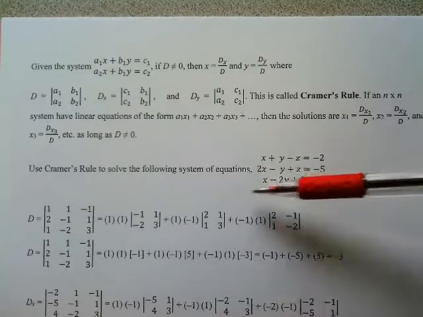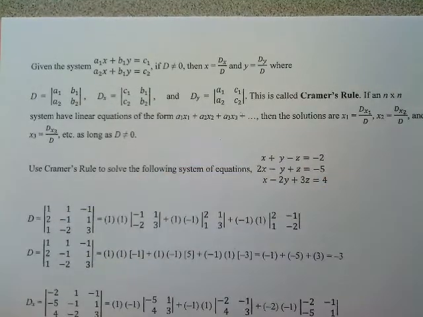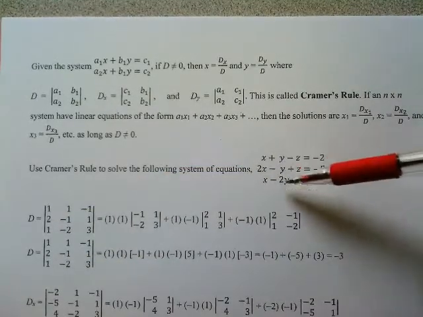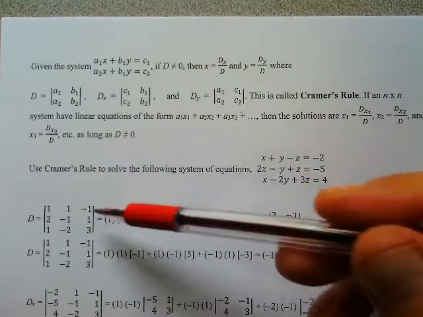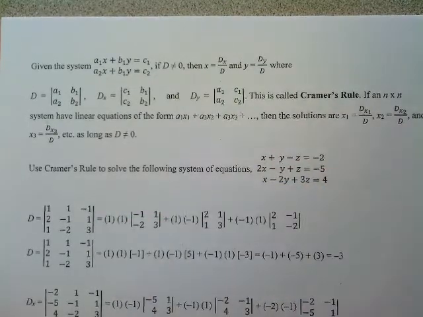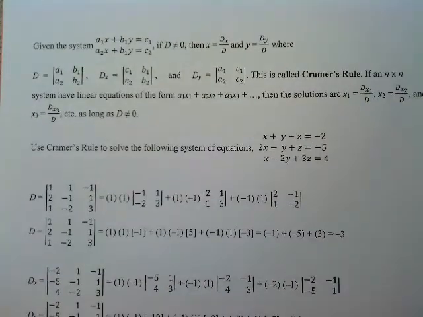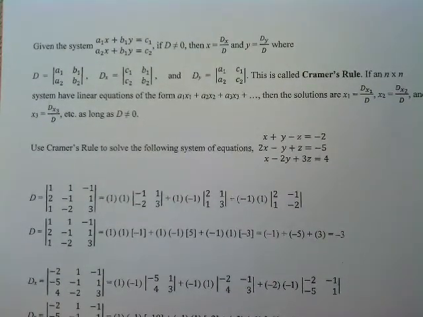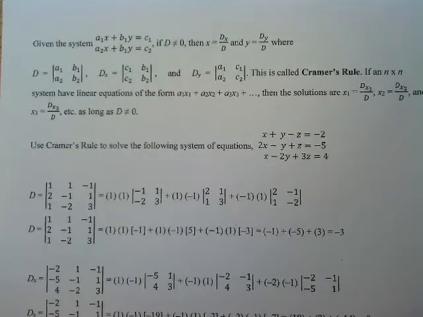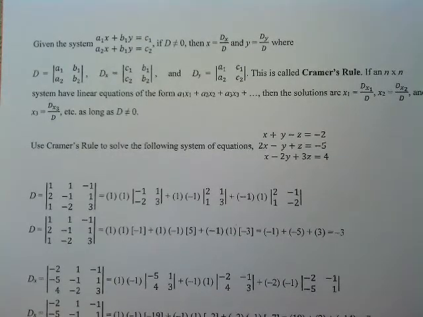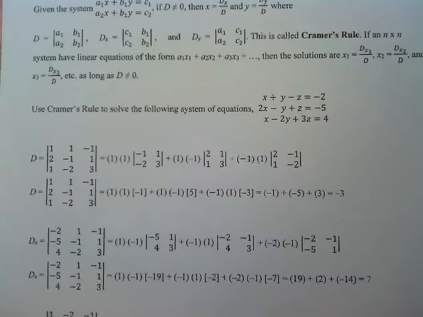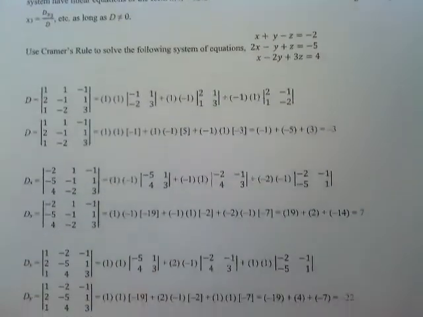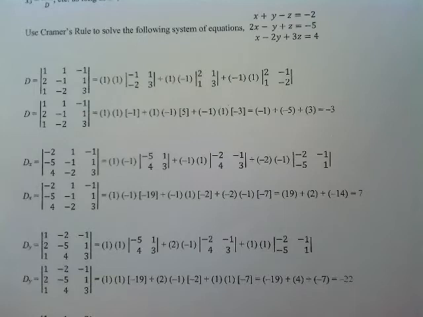Go ahead and find the value of the determinant, and we get that it was a negative 3, just like we were doing before. Okay, then what we're going to do is find dx, dy, and dz, and we're going to do that by replacing.